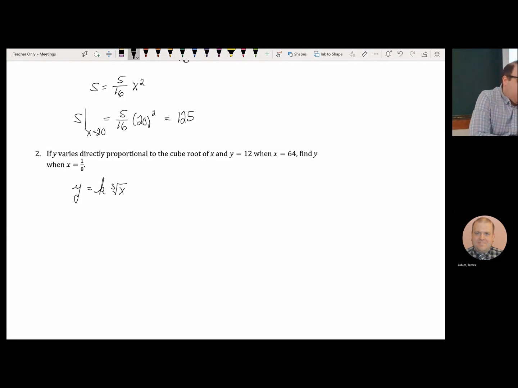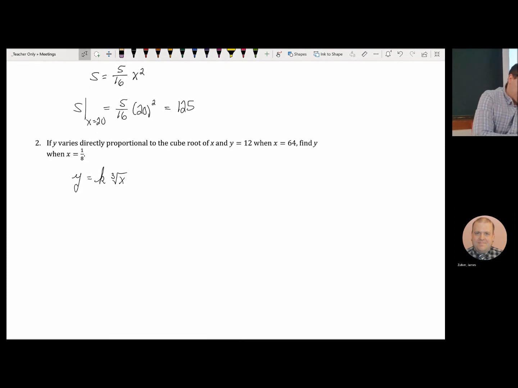Again, what this is saying is that y is just proportional to the cube root of x. Directly proportional, not inversely proportional.